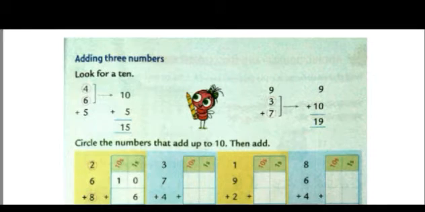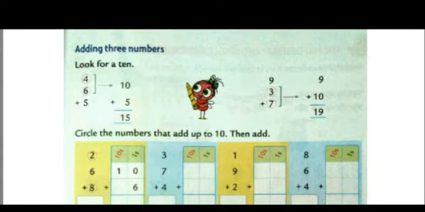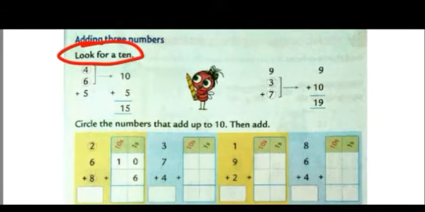So we'll go for the first step now, that is look for a 10. So just see the example given here. 3 numbers are given here, 4, 6 and 5. So the first step says, first you need to look for a 10. The 2 numbers which when added give you 10. And then you can add the remaining number to it.